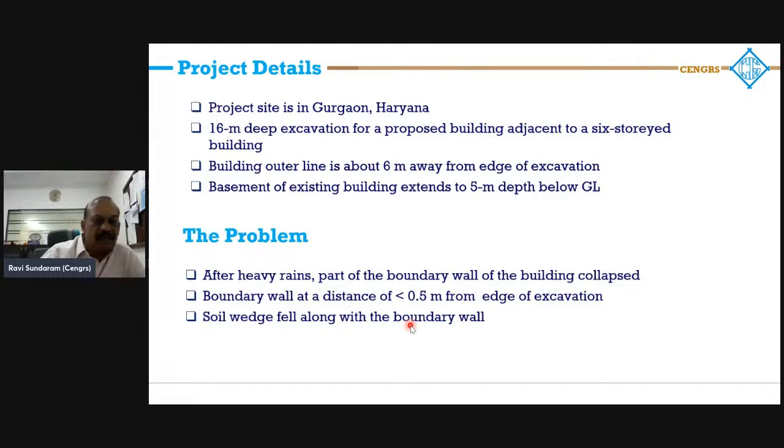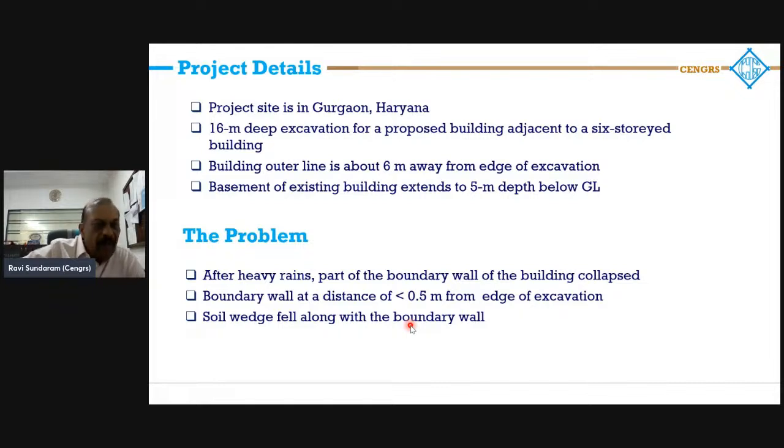In this project site, there was a 16-meter deep excavation for a new building adjacent to a six-storied existing building. The building outer line is about 6 meters away from the edge of the excavation. The basement of the existing building extends to about 5-meter depth below the ground level.